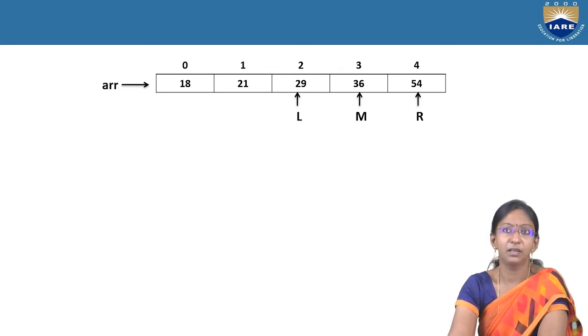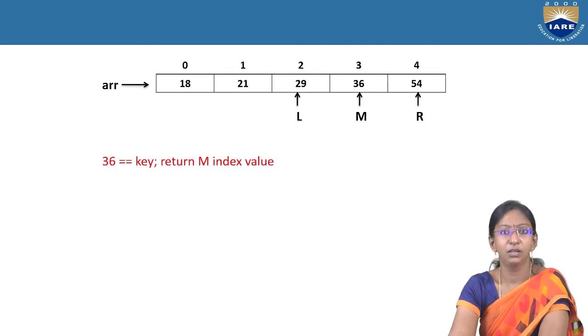Left is pointing to 2, right is pointing to 4 and mid is pointing to 36. So now, yes, the mid is pointing to 36. Job done. At index value 3, you found that element. Very good. This is how we perform binary search.